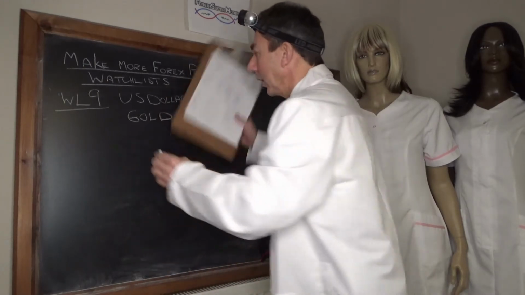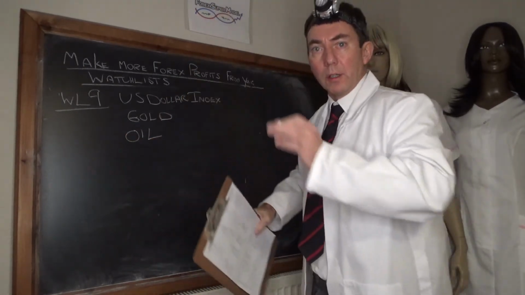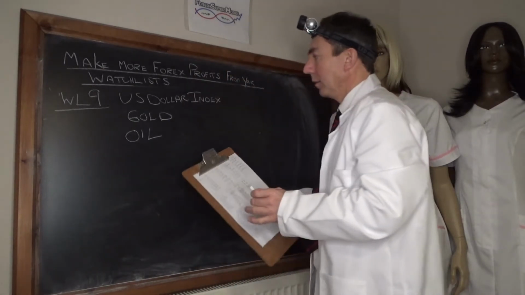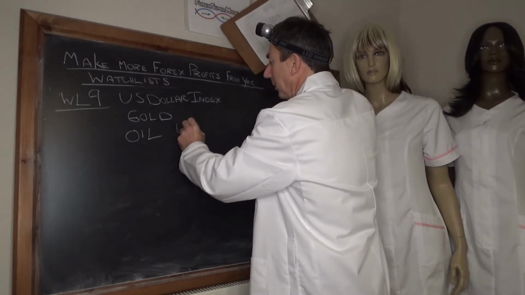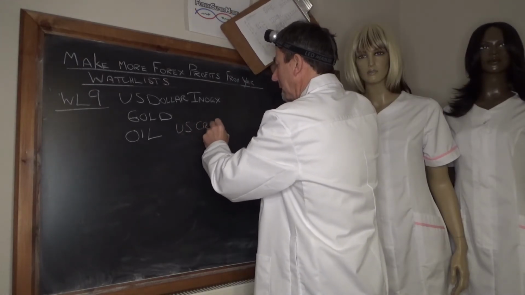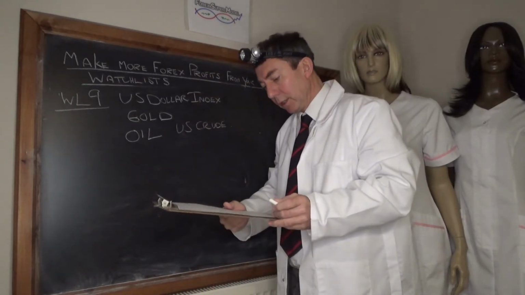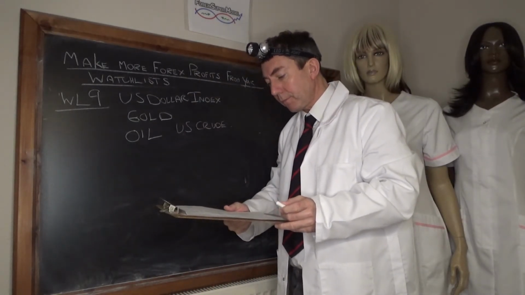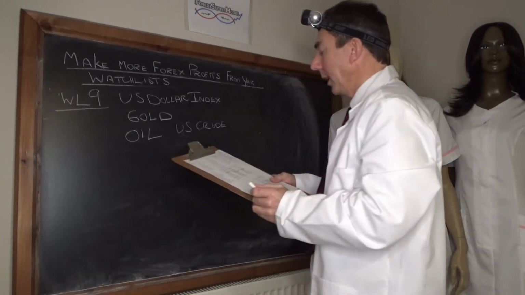So it's gold and oil, US crude quite often, rather than European oil, so probably talking about US crude. So that's the initial part of watch list 9, and then we're on to the equities part of it.